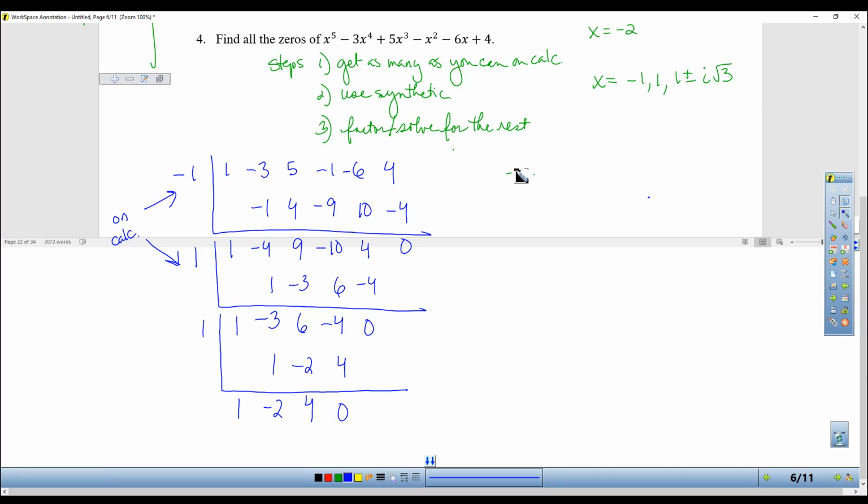So now my zeros, I can list them so far, are negative 1, 1. And to get this 0, I'm going to have to do 0 is equal to x squared minus 2x plus 4. If on the calculator you had the 3 zeros, so we know that it bounced at 1 and at negative 1 it crossed.